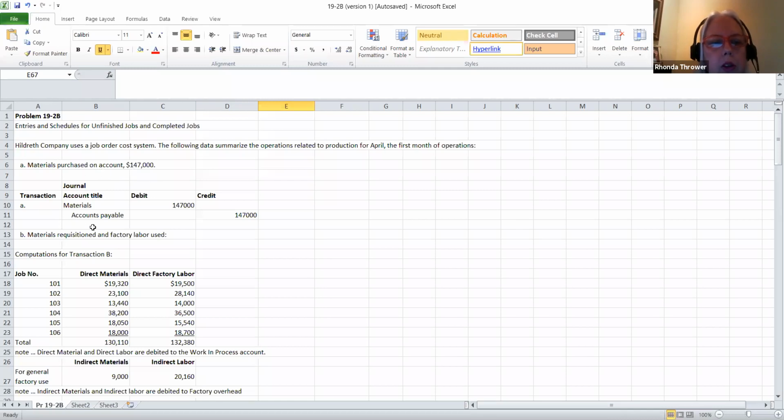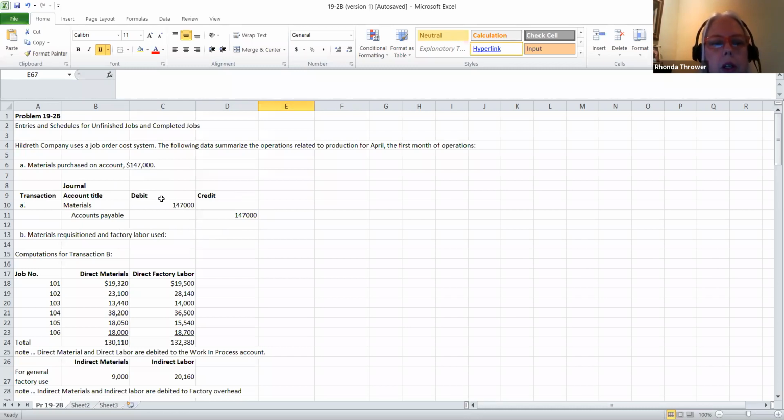When we put this in journal entry form, we're going to debit the materials account for the total amount of the materials purchased. We debit materials because it is an asset account. The asset account is increasing because we bought some new materials, and so therefore we're going to debit it in the journal.